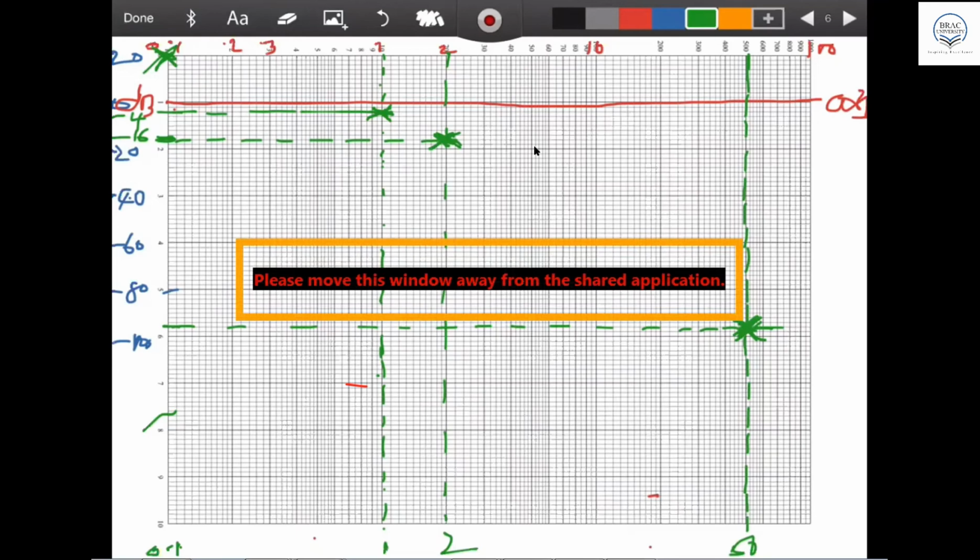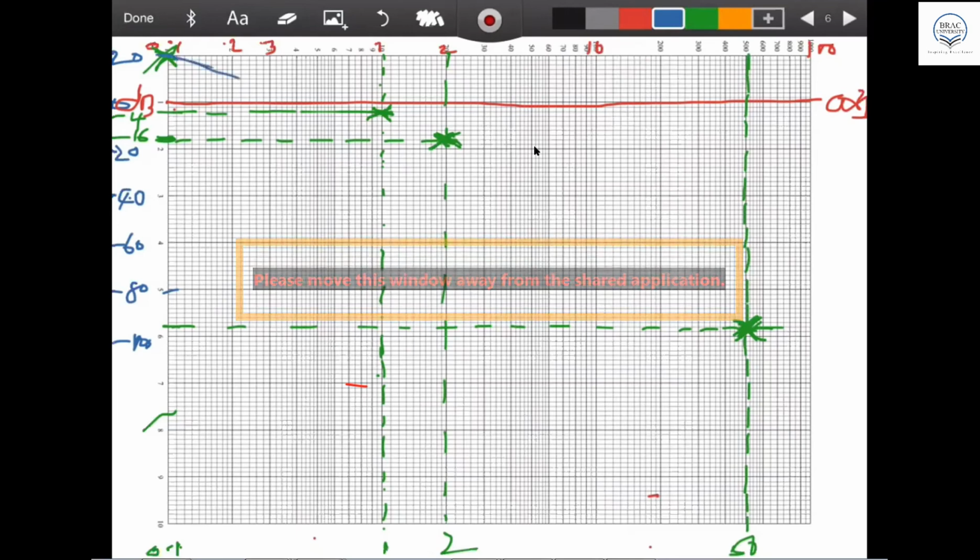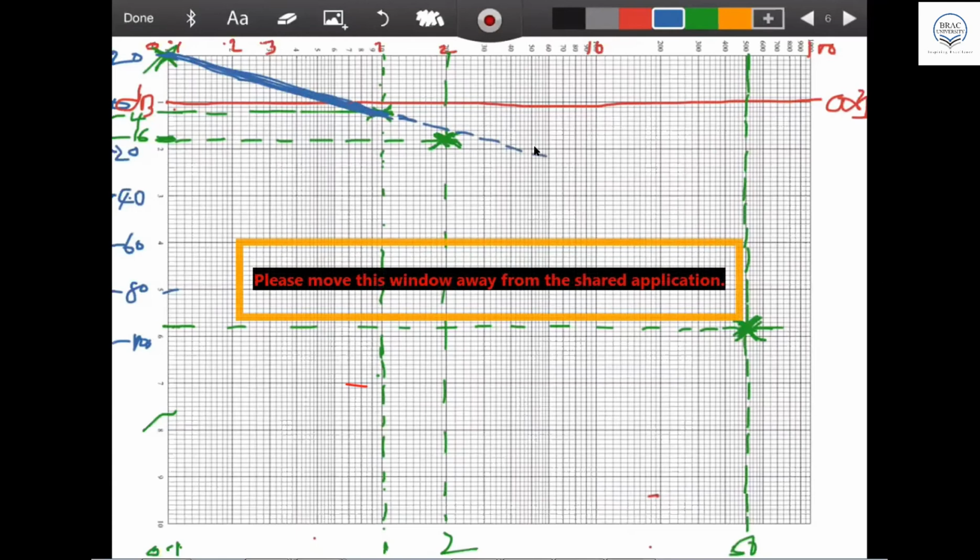Let's say for the first 2 points, you draw with the scale, and then you extend it with a dotted line after the second frequency point. You can see the dotted line from there.